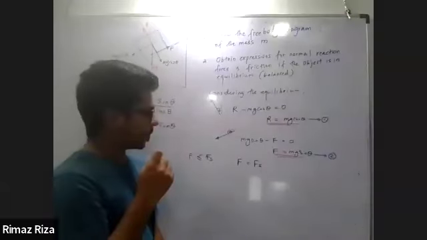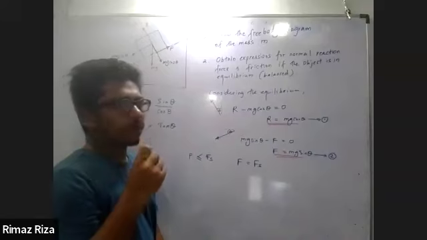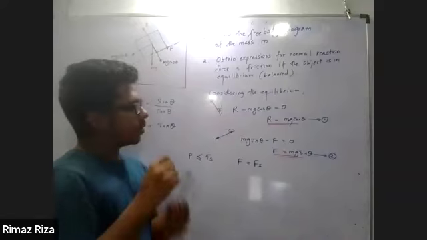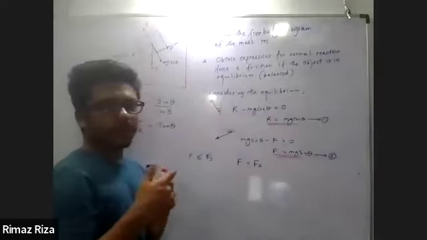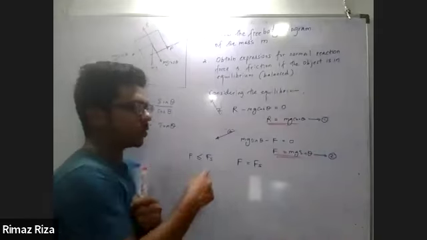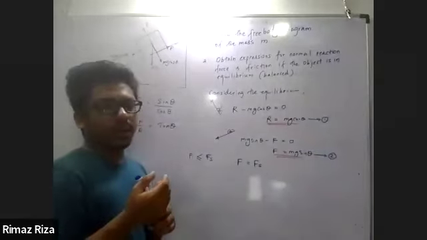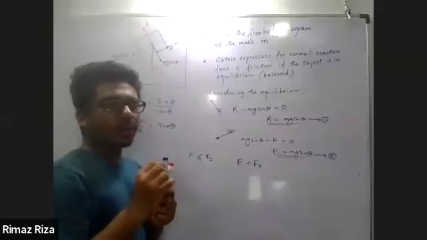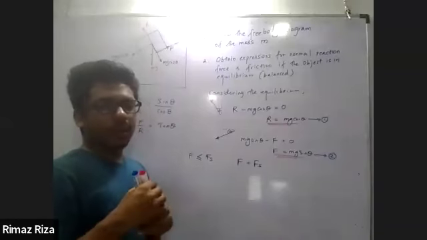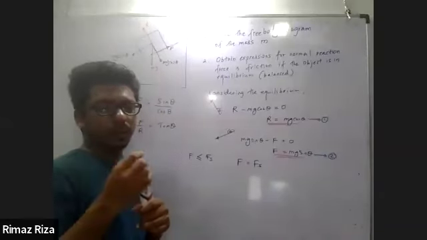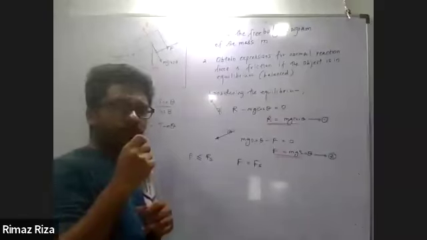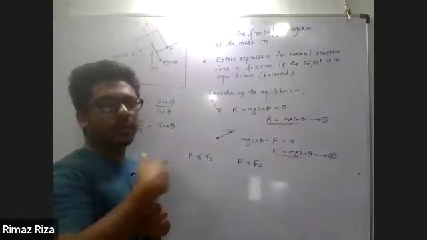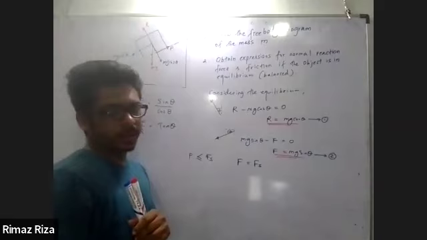For example, if the maximum force is 20 Newton, then if you apply a force of 20 Newton, that is the limiting condition, right? Then if you slightly increase the force, it will accelerate, right?